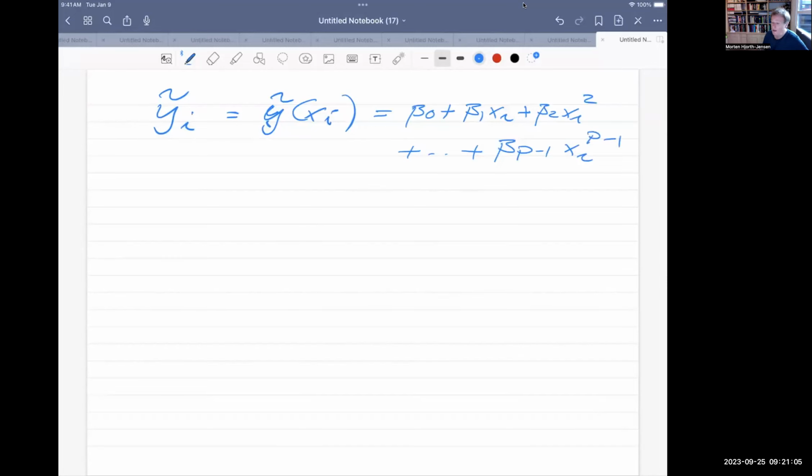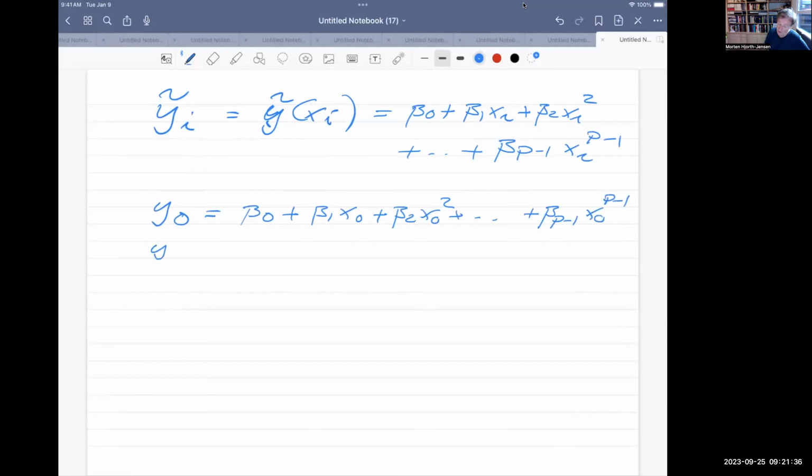If you now look at the way we can set up the data, if we go row by row, you can see that this is something which we can rewrite as a matrix. We would have beta 0 plus beta 1 times x0, plus beta 2 times x0 squared, until the final term, where we have beta of p minus 1 times x0 to the power of p minus 1.